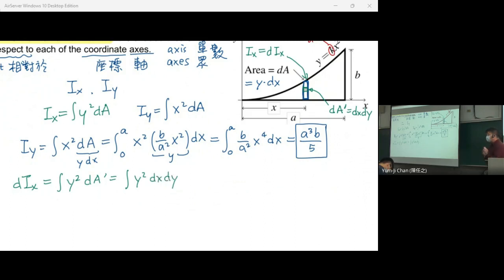Now this area is dx dy, right? So we do one small area, one small area, and until here. So for the definite integral, what should we write here? 0 to what? 0 to the height of this rectangle, which is b over a squared x squared.